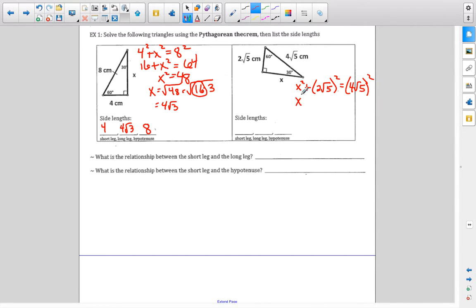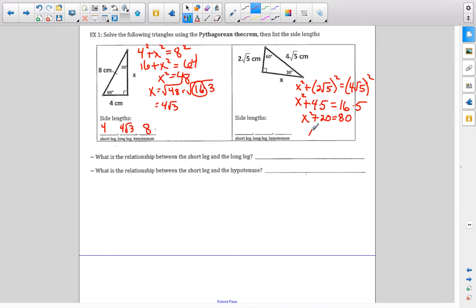So x squared plus 2 root 5 times 2 root 5 is 4 times 5, which we know is 20, equals, and 4 root 5 times 4 root 5 would be 4 times 4, 16, and root 5 times root 5 is just 5. So x squared plus 20 equals 80.